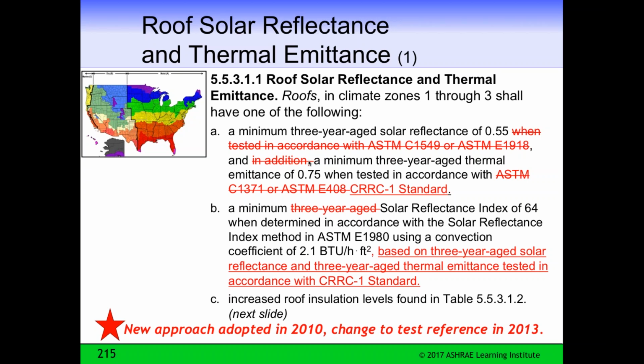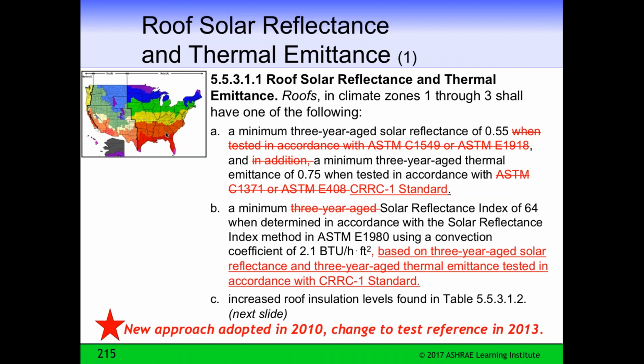Now, in climate zones 0, 1, 2, and 3, and this is effectively the areas on this map that are in pink or bright orange or modest orange. For North America, these are the areas 1, 2, and 3.